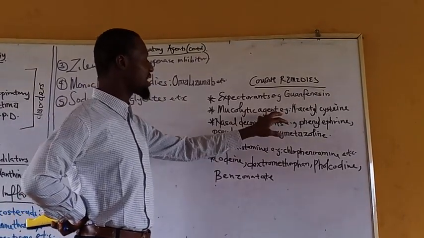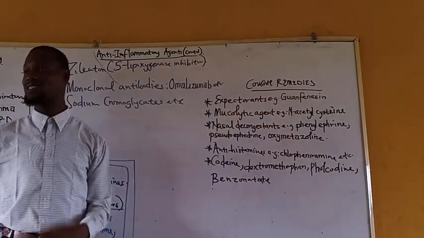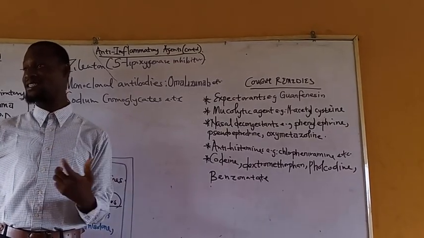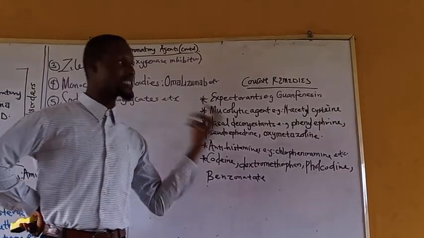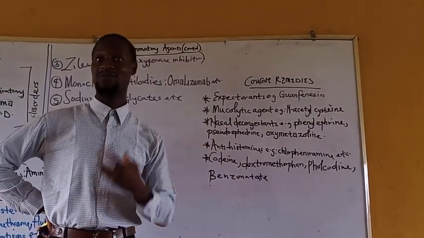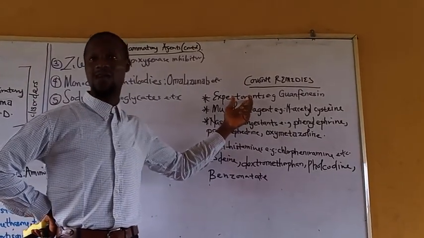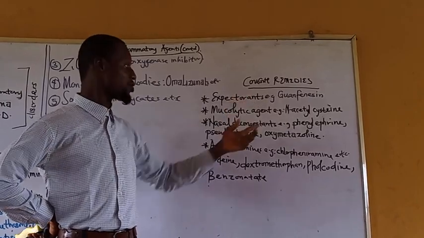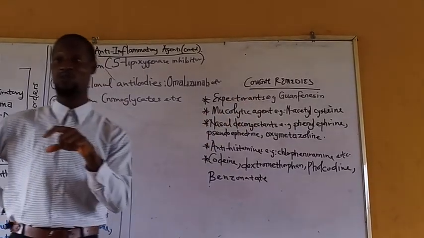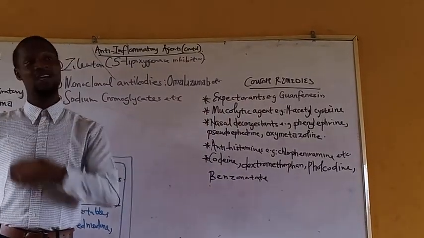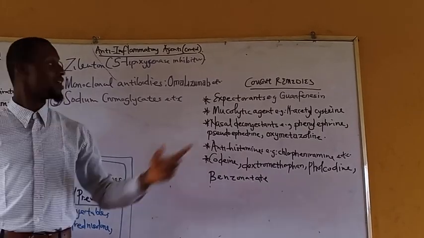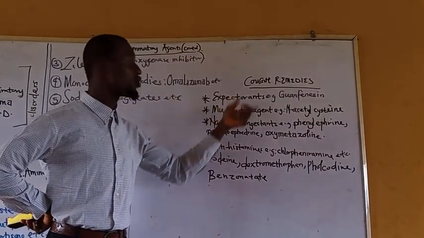Then we have a mucolytic agent, N-acetylcysteine. What do they do? They lyse or dissolve thick phlegm, so that once it is dissolved, it can be expelled. So a mucolytic just wants to dissolve those things that clog the respiratory passageways. This one dissolves it, this one helps to expel it.